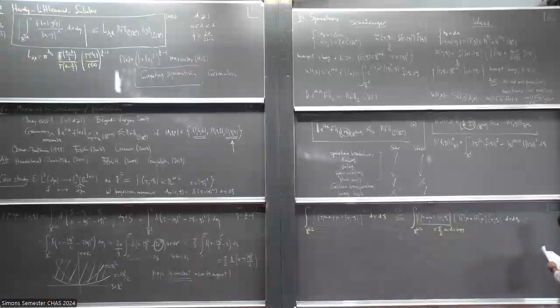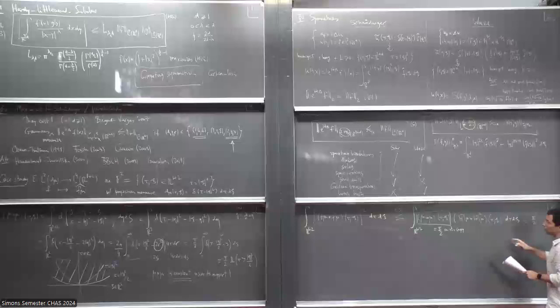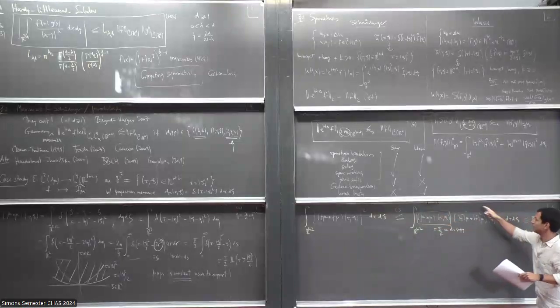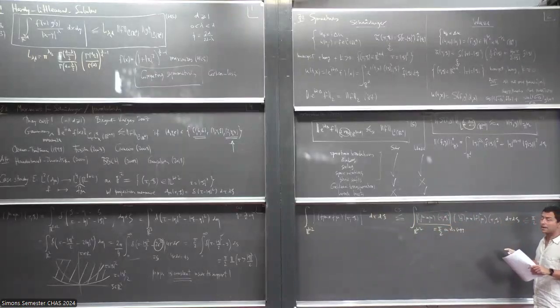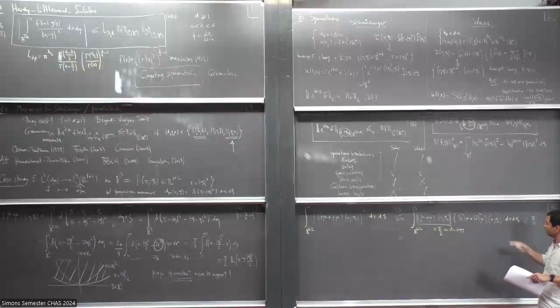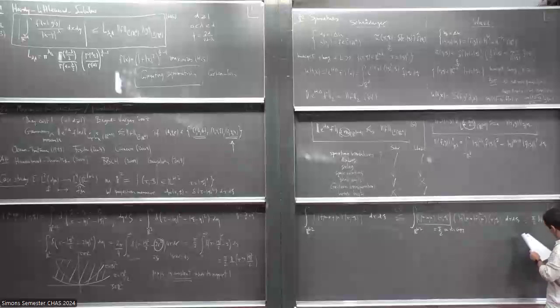So a trivial application of Hölder tells me that this is at most pi over 2. This comes out of the integral, and then you rearrange what's left inside, and you conclude the formula.